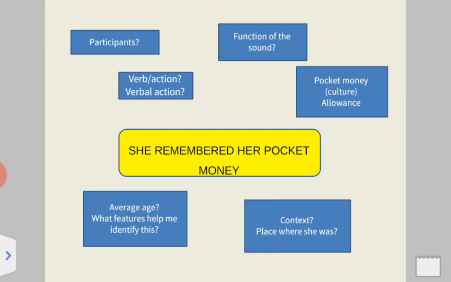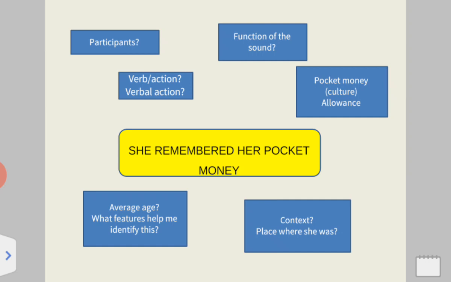Non-verbal, because remembering does not require Mary to speak, to yell, to scream, or something that probably provokes an utterance. So it's only Mary remembering, and it's in the past.